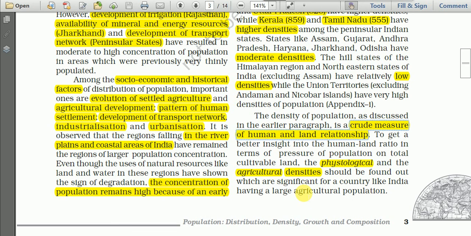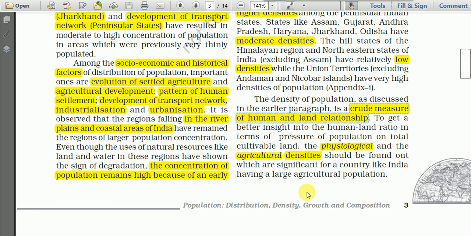But it presents only a crude measure. It does not represent a clear picture, because when we calculate the density, we account the areas under water bodies, the areas under unculturable land, the areas under snow-capped mountains. All these are counted, and hence it does not give a clear picture of the man-land relationship.